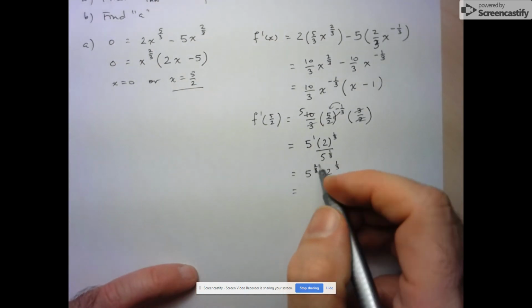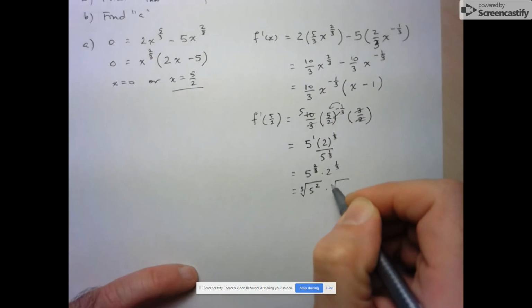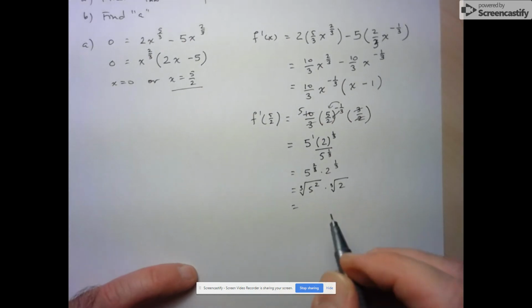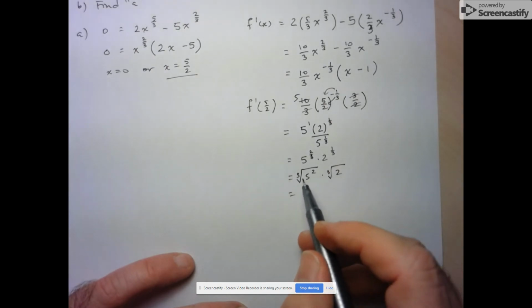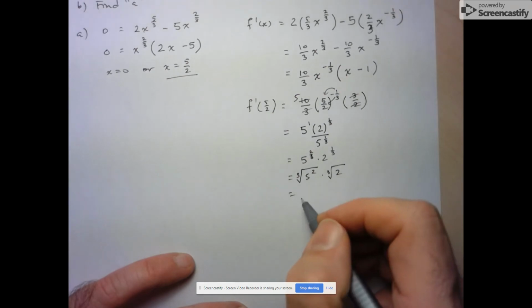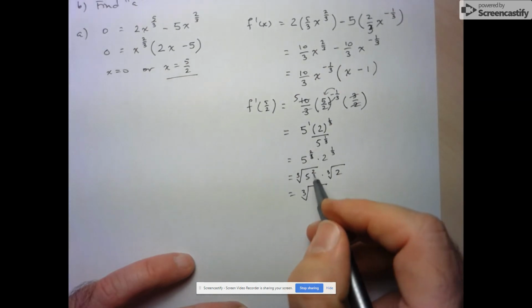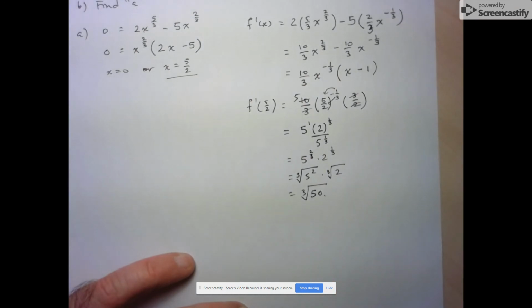So I'm going to write this as the cube root of 5 squared, times the cube root of 2. Now I can bring these two together because I'm multiplying two similar roots. They're both cube roots. So I'm just going to end up with the cube root of 25 times 2, which is 50. And there you have it. There's the derivative of f at 5 over 2.